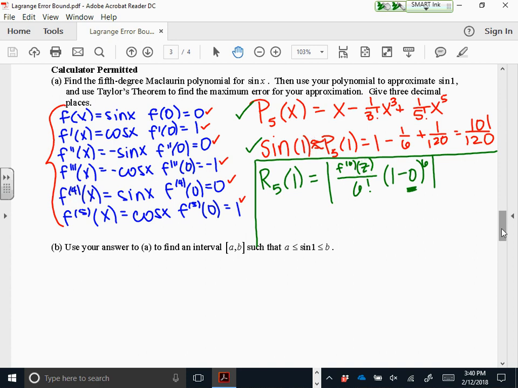And since we're approximating at 1, that's why that number right there is 1. Well, let's think about the sixth derivative. Our sixth derivative would be negative sine of x. And here's the deal. We don't have our calculator, and this is going to be pretty straightforward when we have a sine or cosine curve. We know that our sine and cosine curves bounce between two values.